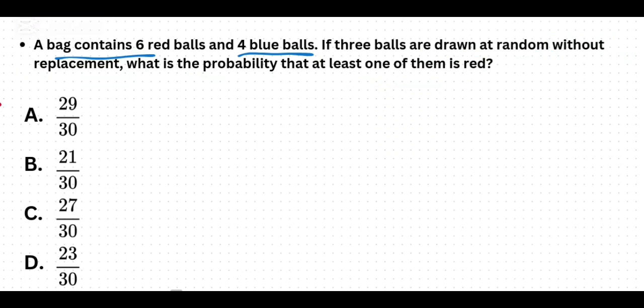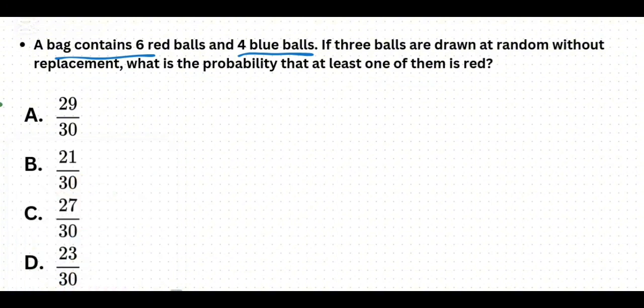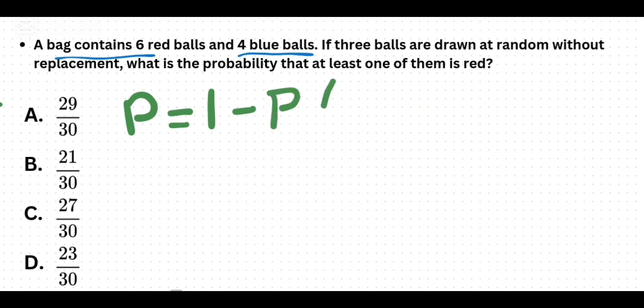If you know the complement rule, probability of at least one red is 1 minus probability of no red balls drawn.